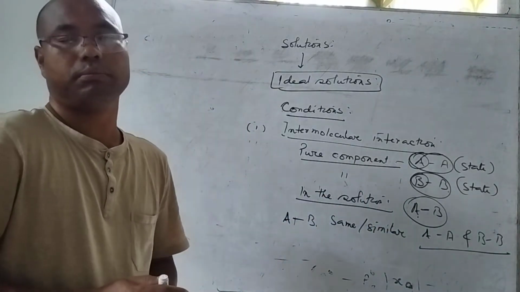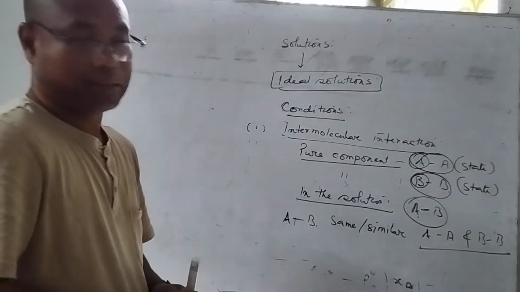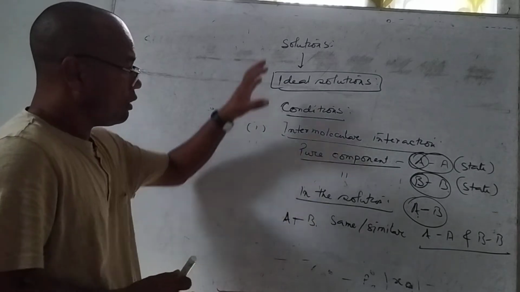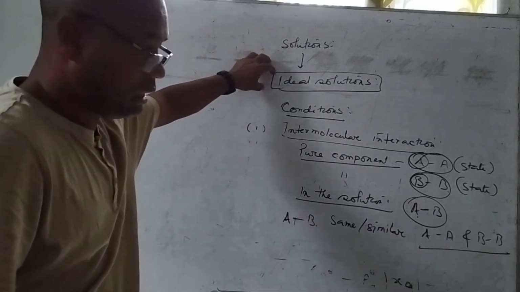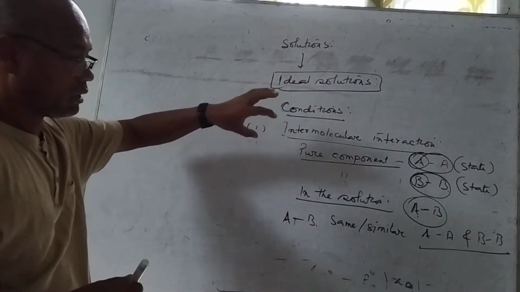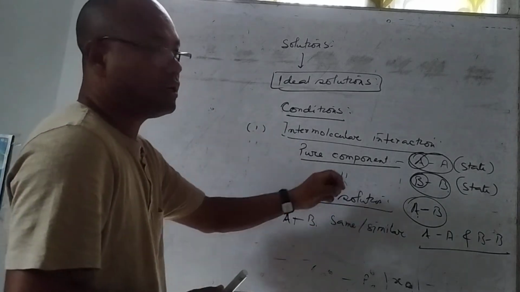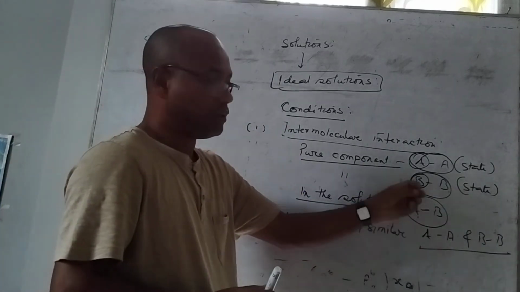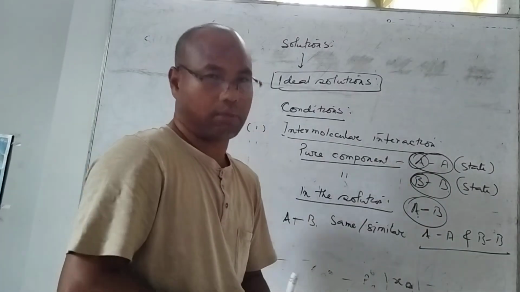That is our very important condition. So don't forget. I say it once again: the important condition for the ideal solution is that the intermolecular interactions of the components in the solution are similar to the intermolecular interaction of the components in the pure state. Remember.